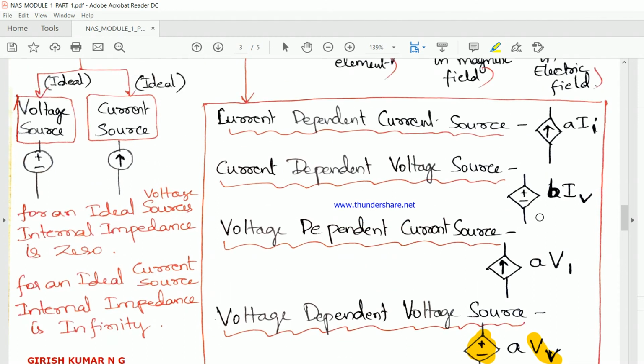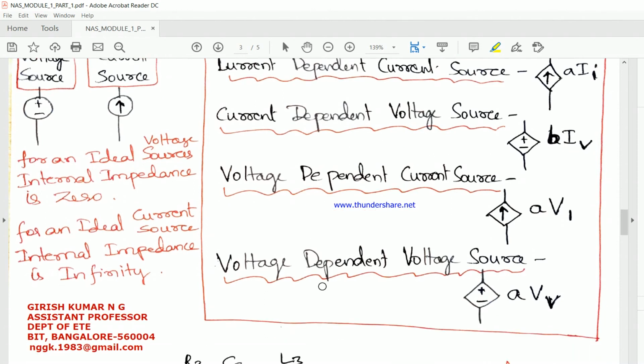Recall again, there are 4 types of dependent sources: current dependent current source, current dependent voltage source, voltage dependent current source, and voltage dependent voltage source. These are the 4 types of dependent sources that we have in an electrical network. So this is all about practical sources, the first topic in your module 1.